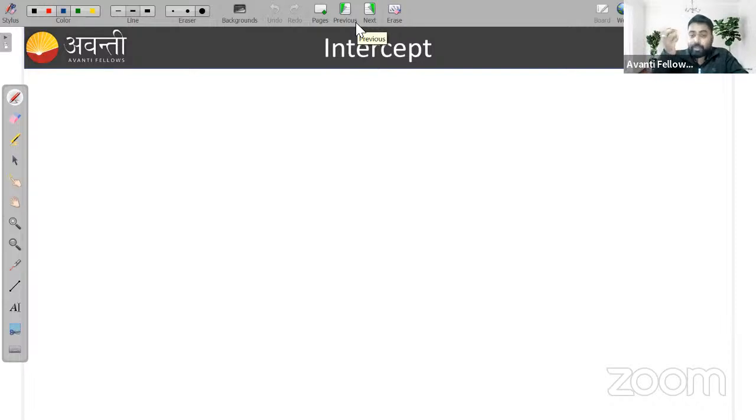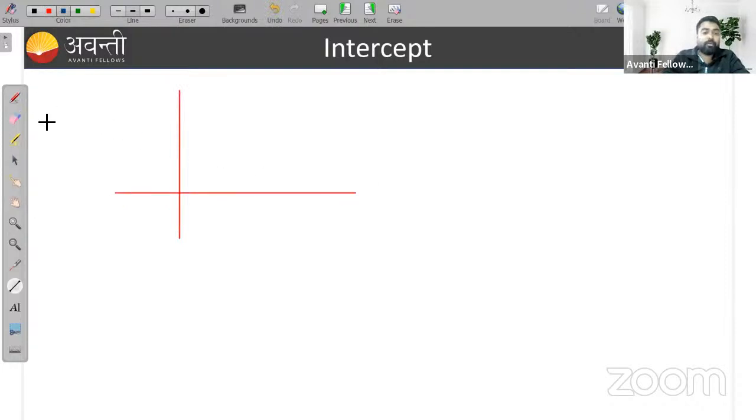So what is the meaning of intercept? That is very simple. Suppose you have the Cartesian coordinate plane here and a line which intersects the x-axis and y-axis.